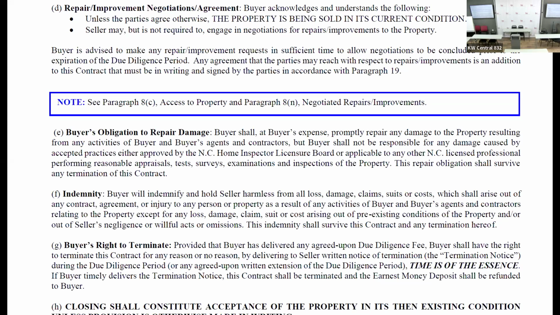What it does not mean is that if the inspector is underneath the house and they jab their screwdriver into a floor joist, which they are going to do, and it discovers rotten wood or termites, they do not have to repair that, because there was an underlying damage that was there. And that repair obligation survives any termination. So it doesn't matter if you terminate or not, it doesn't get you out of it.